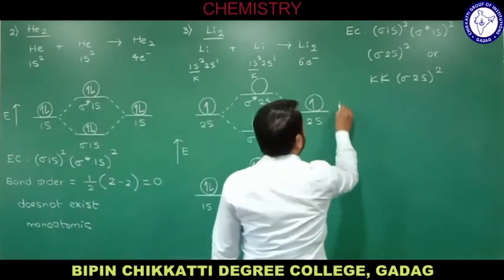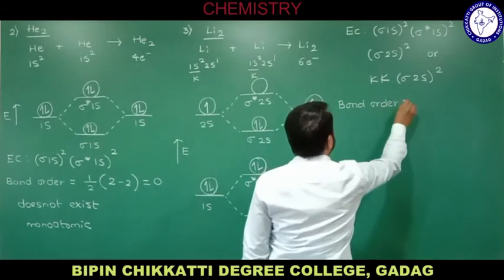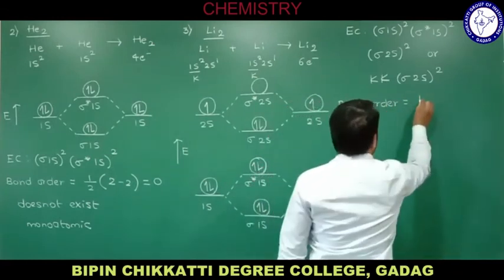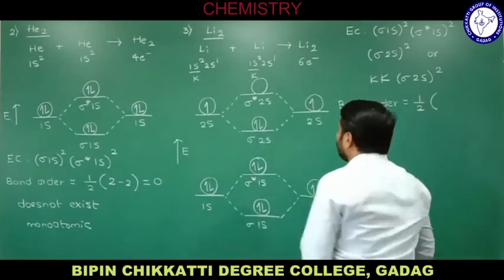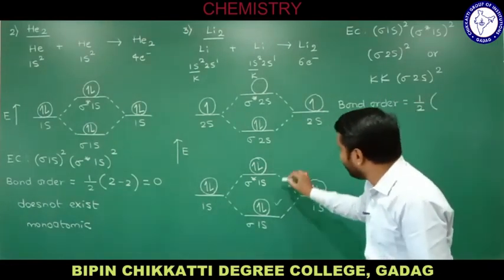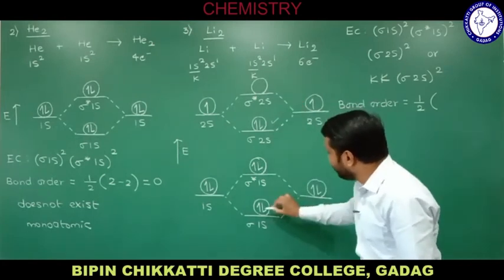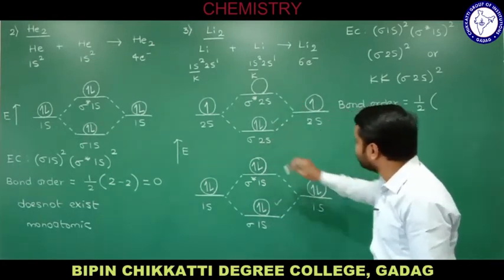Next we will see the bond order. What is the bond order in the case of Li2? It is half of the number of electrons in BMO minus those in ABMO. So this is a BMO and this is a BMO. In BMO we have 2 electrons and 2 electrons, totally 4 electrons.